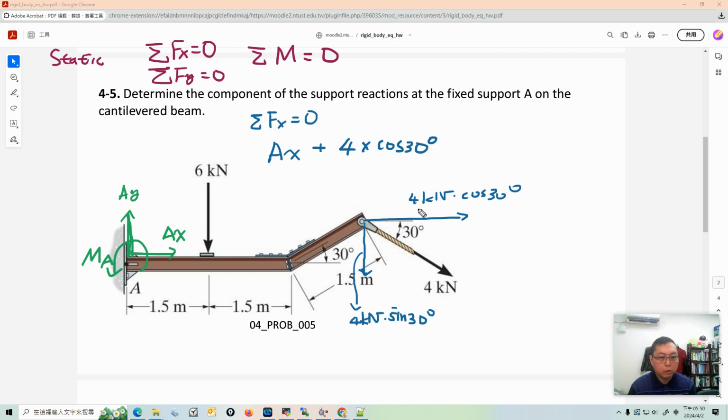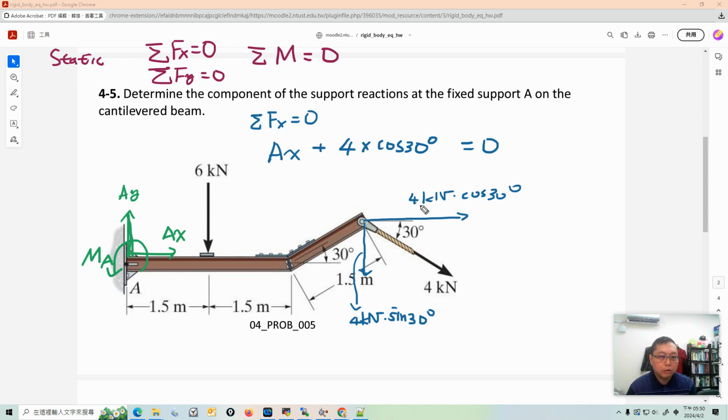Don't forget we use kilonewton as the unit. So AX plus this force, and I think that's all the x component force we have, equals 0. From this equation we can solve AX, but we can solve it later.